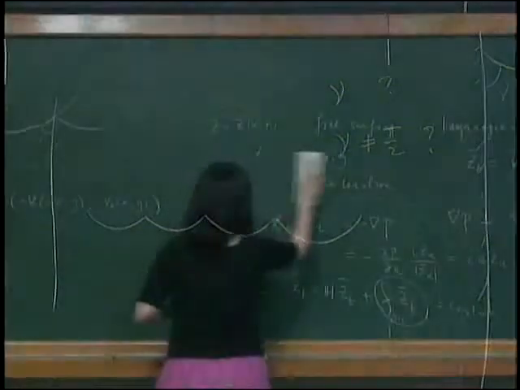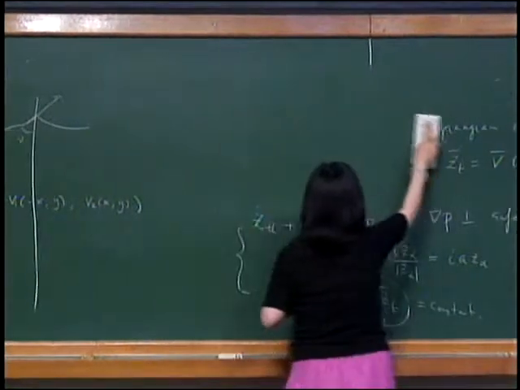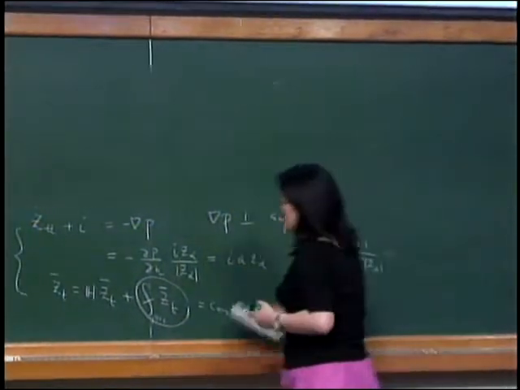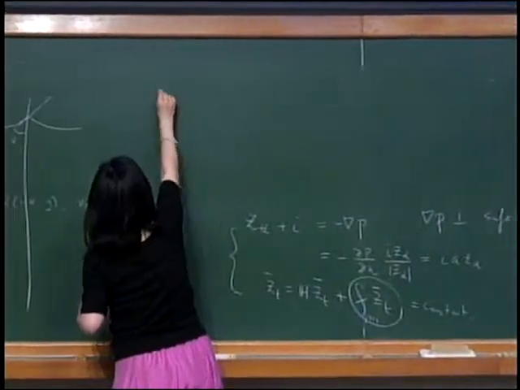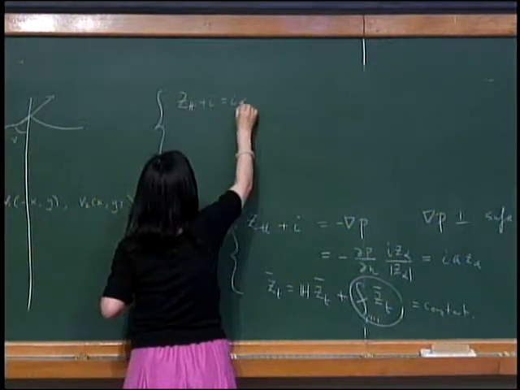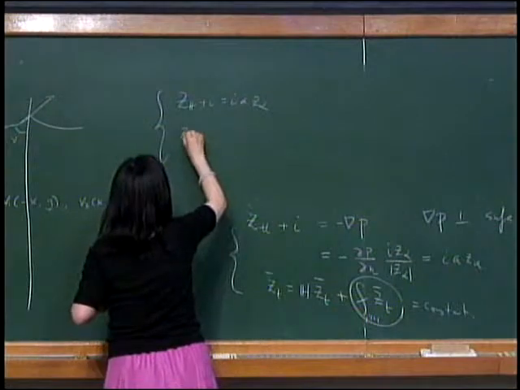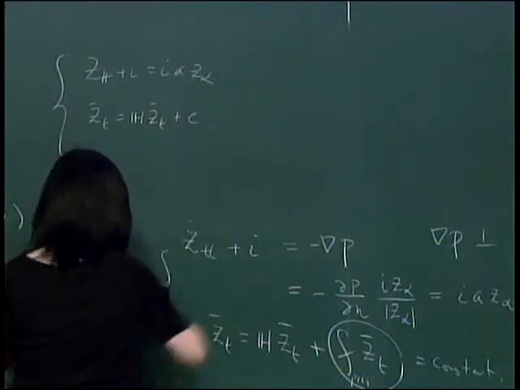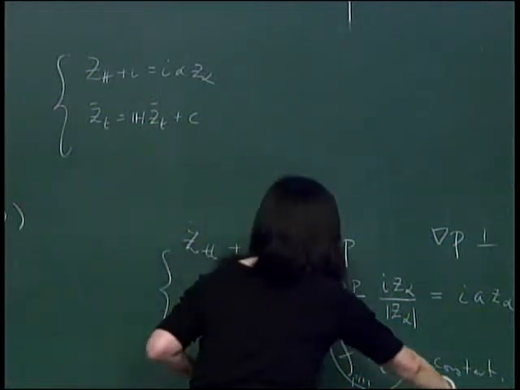Okay, so if I go back to the main equation, this is our equation, so I keep it here: ZTT plus i equals iA Z alpha, where ZT bar is H ZT bar plus a constant, which is the average.